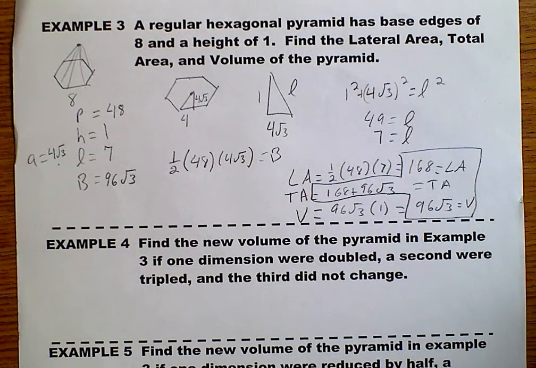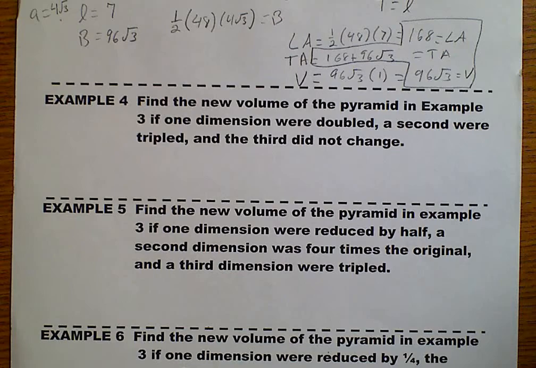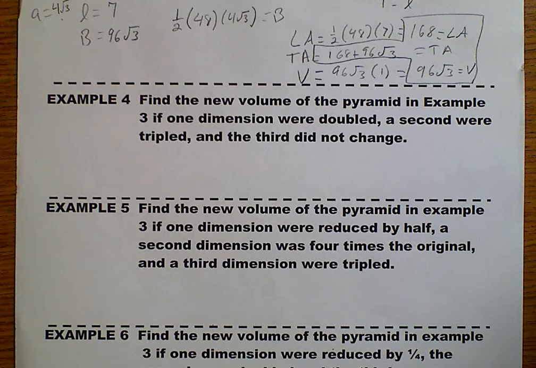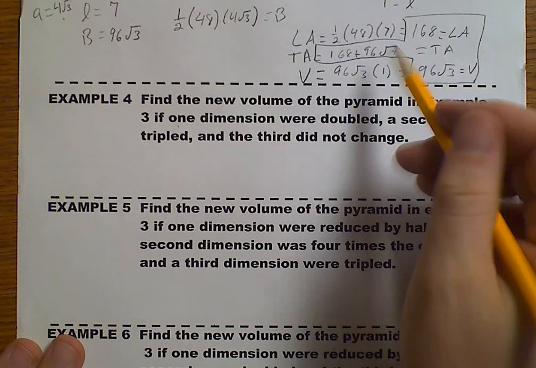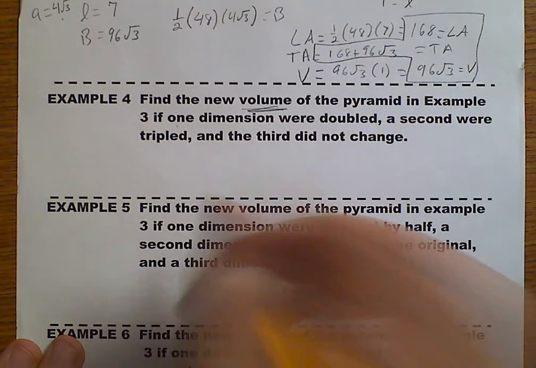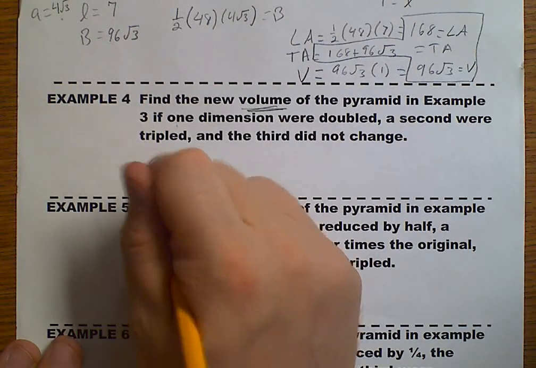So we reviewed square, regular triangle, and regular hexagonal pyramids. Let's go ahead and look at examples 4, 5, and 6. These are much easier. Example 4 says find the new volume of the pyramid in example number 3. So we're starting with the volume in example 3, which was 96 on the square root of 3.